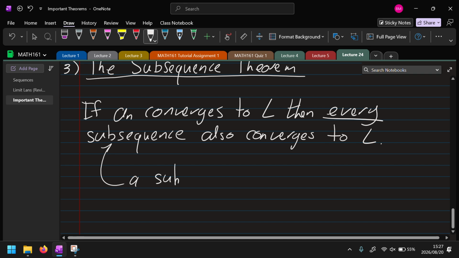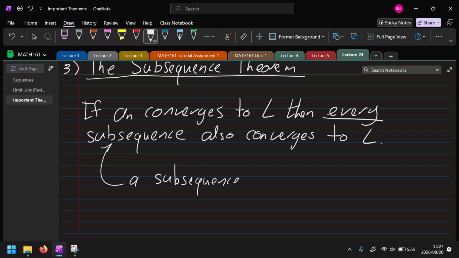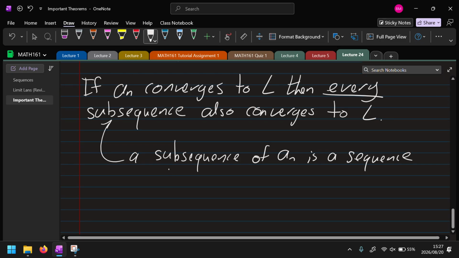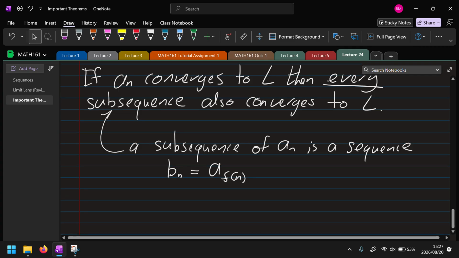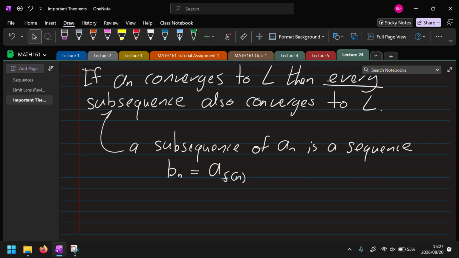So a subsequence of a sub n is a sequence, let's call it b sub n, which is given by a, and then instead of n, we have f of n. Okay, so what does this do? We have some function of n. This function of n picks out certain elements from the sequence and puts it in the subsequence.